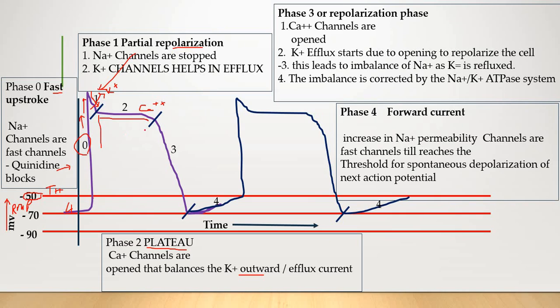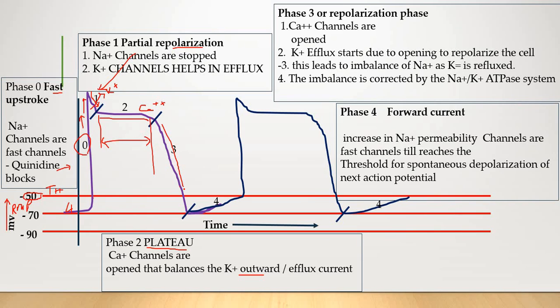From here, if I draw a perpendicular, and from here a perpendicular, this is going to contribute a lot of time, because calcium is entering, and that is why the heart rate of a human being on average is 70 to 72 beats. With experimental animals like rat and mice, it is 350 to 450 beats per minute, because this period is shorter. Now this is followed by a further repolarization phase.